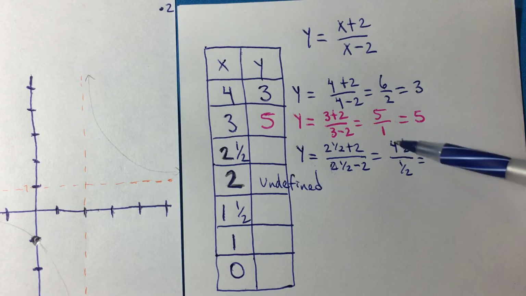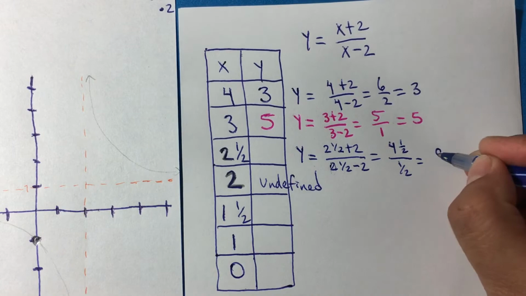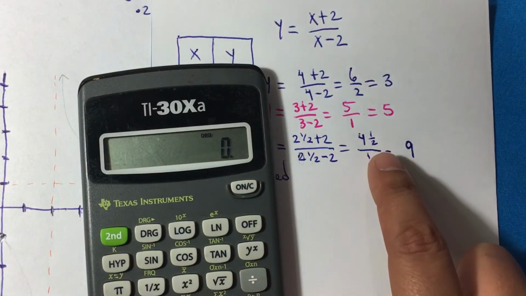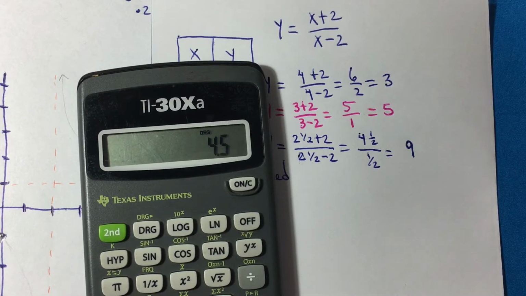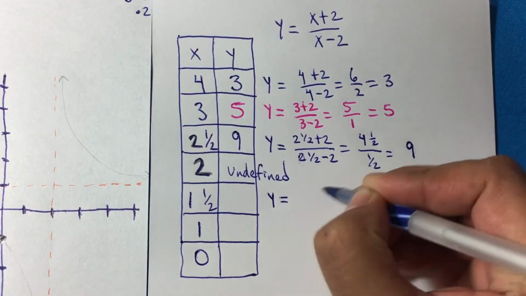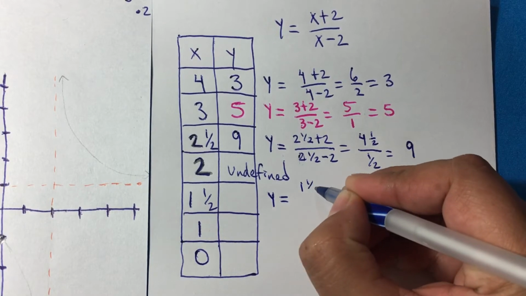Well, there are 8 halves in 4, and one more half is 9. You can use decimals. You know that 4 and a half just means 4.5 divided by 0.5 equals 9.